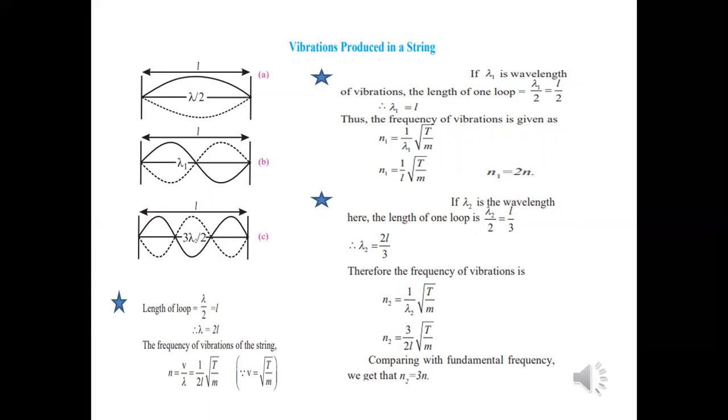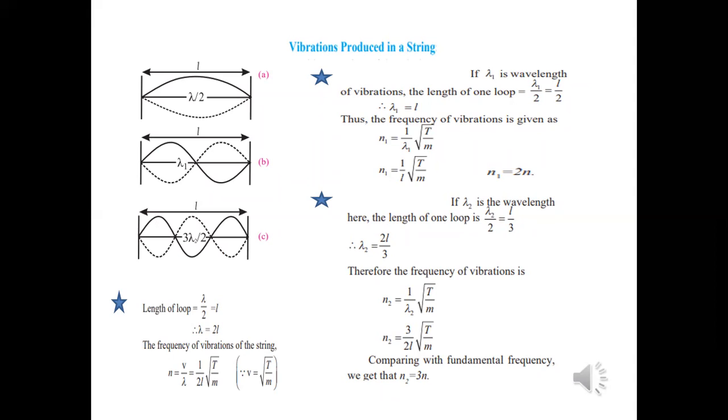The frequency of vibrations of the string can be given by the formula n is equal to v upon lambda. Here, n is the fundamental frequency of vibration, v is the velocity of the wave, and lambda is the wavelength of the wave.